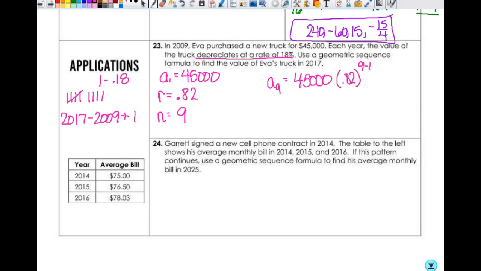Or 1 plus R, I'm sorry, 1 plus R. But this is basically the same thing. You just talk about it as a geometric sequence. So once you type it all in, what is the truck worth? Not $10, no. You are wrong. Oh, you said 2? It's not $2 either, I'm sorry. And it's money, so even though it doesn't say to the nearest hundredth, that's what makes sense, right?